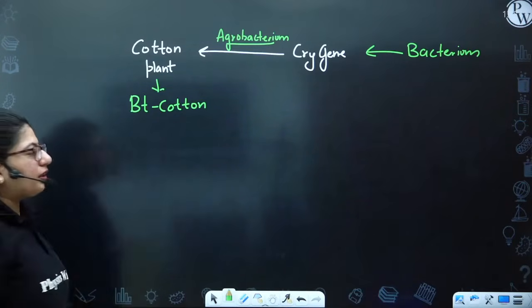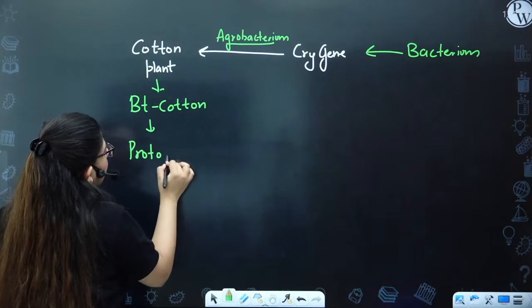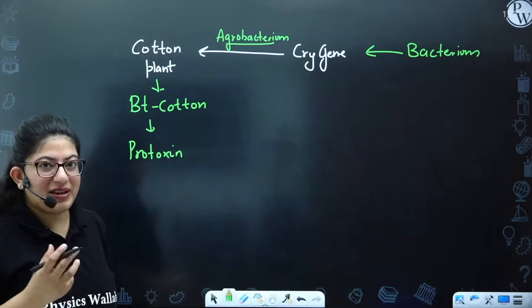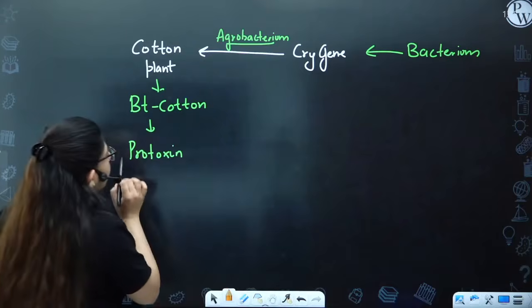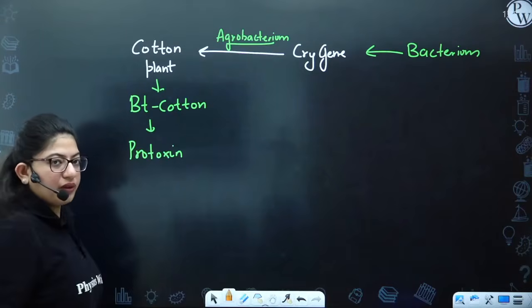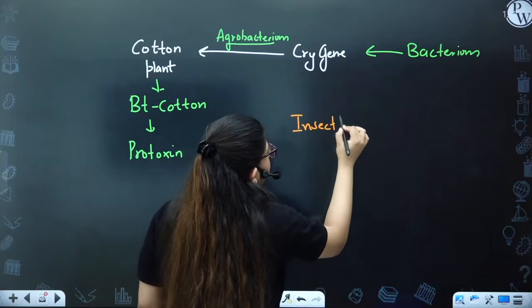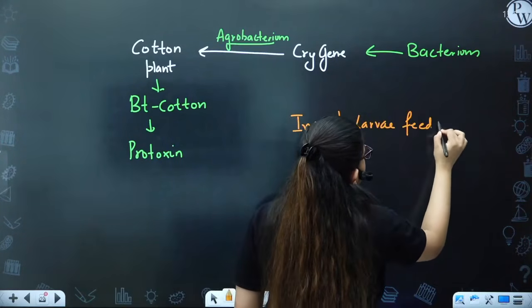This BT cotton has the protoxin. Okay. Now the pest arrives, the larva arrives. So the larva will consume this protoxin. Okay. Now see, the insect's larva feeds on protoxin.